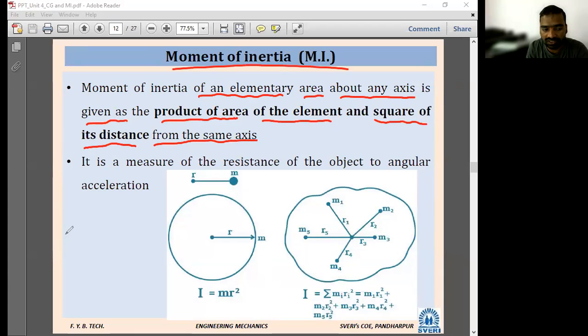Moment of inertia is denoted by I. I is the product of the area of the element, A, into the square of its distance. I will take the distance as R, or you can take H also. R square or H square, its distance from the same axis.